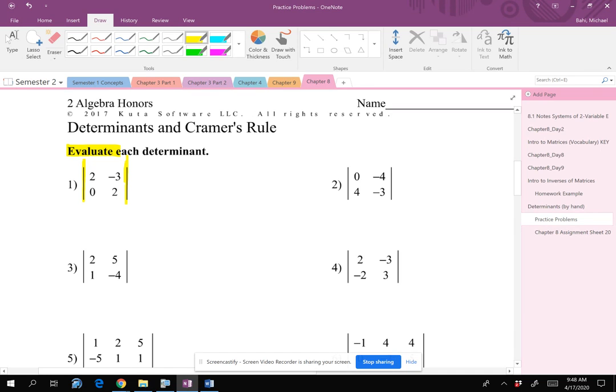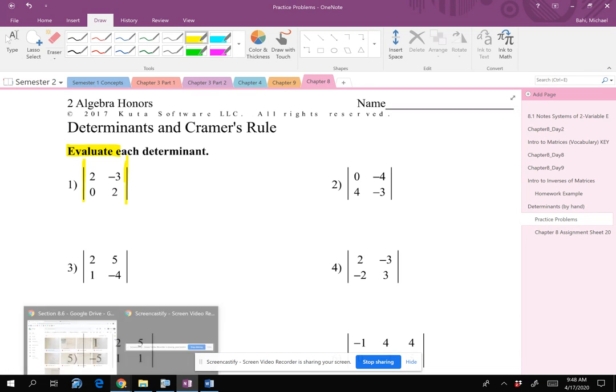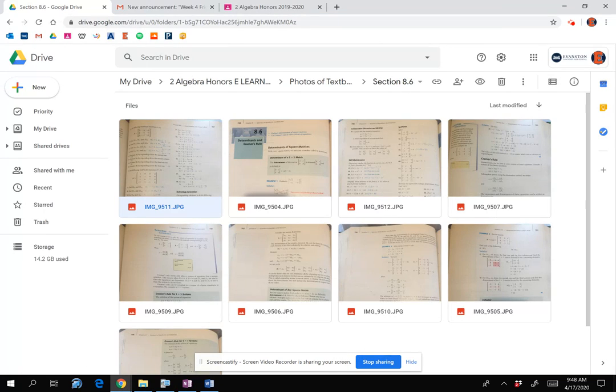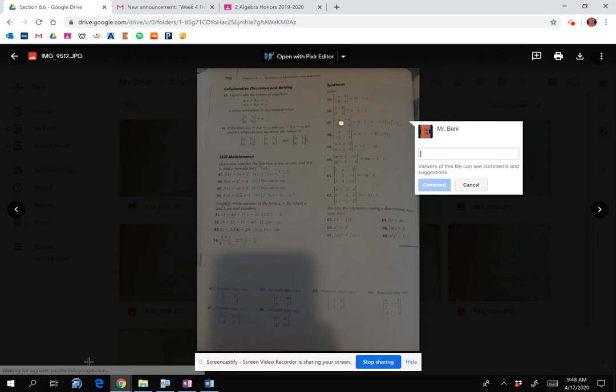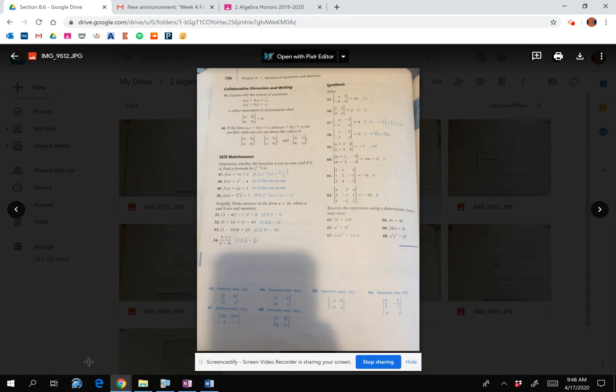So when you see that on the homework, and I think I have a picture of the homework here. Let's see. Here we go. Do you notice how a lot of these just have the absolute value and it just says solve?